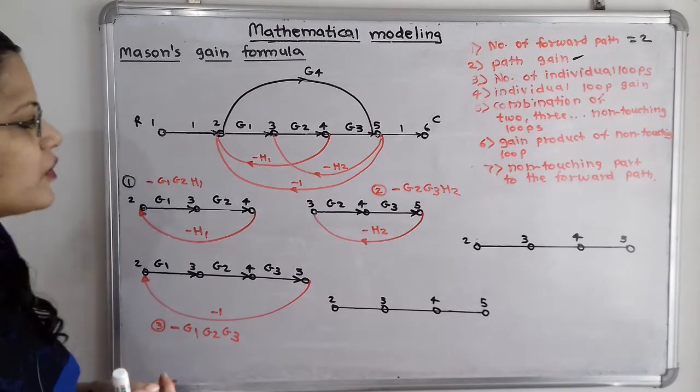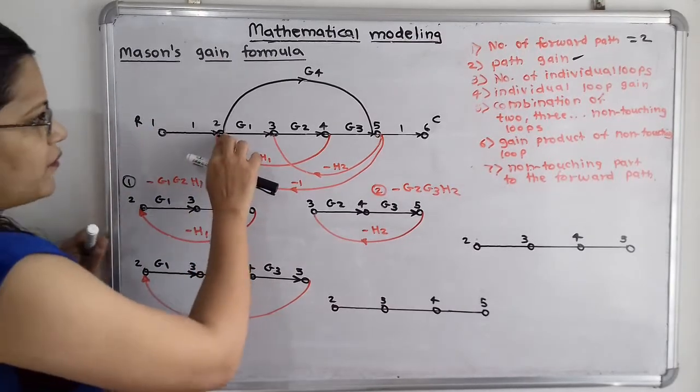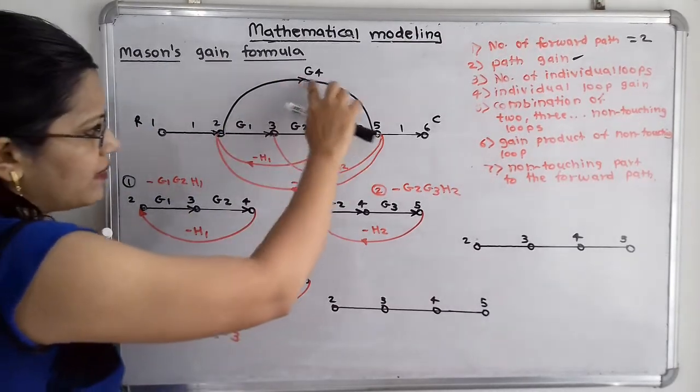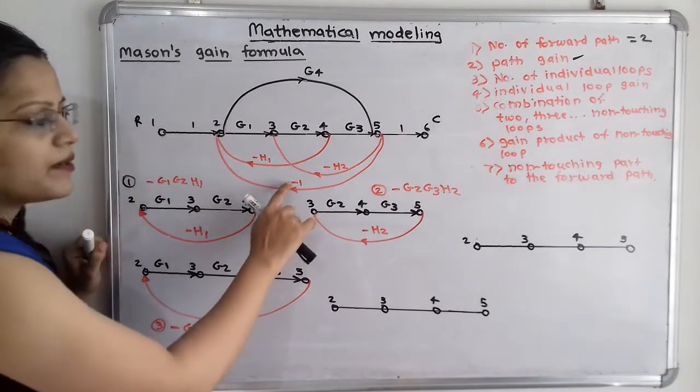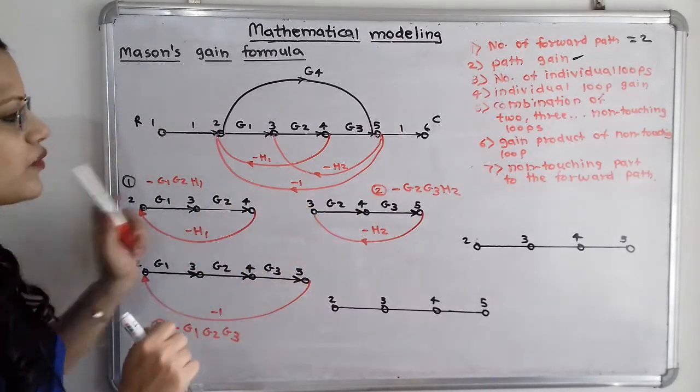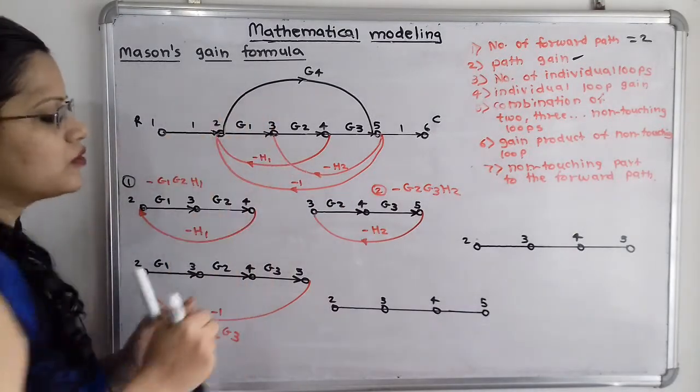Now again if we observe, here is a forward path from 2 to 5 through G4, and again from 5 back to 2 is the feedback path with gain minus 1. So we can consider this loop also.